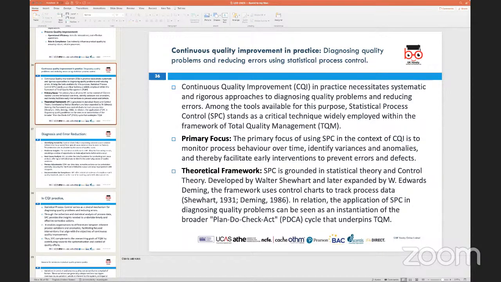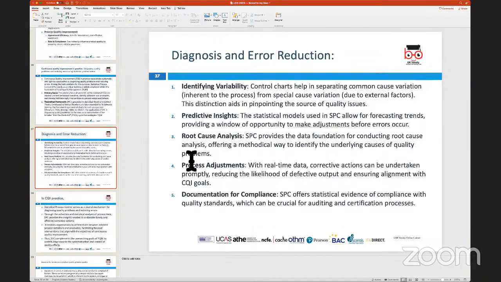Okay, now let's look at some of the other aspects in this. So SPC and diagnosing quality problems and reducing errors would primarily be looking at creating what are called control charts. So if I give you an example of a control chart, just to look at a visual example, let me see if I can bring out a control chart example.